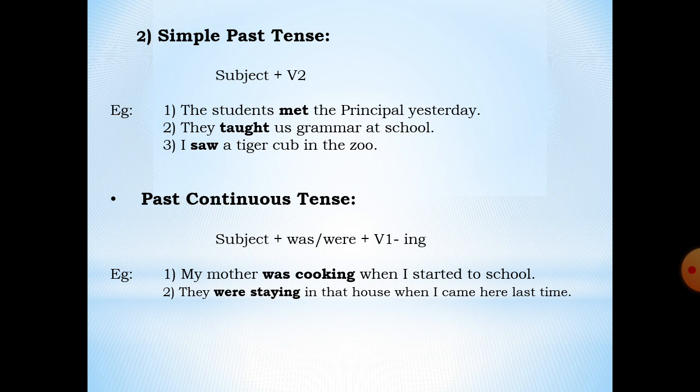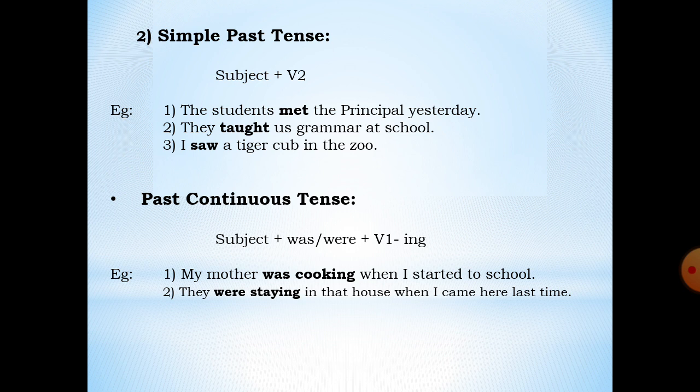Now examples are there. First sentence, the students met the principal yesterday. The students is a subject and met is the past tense of meet. Okay, so it's there in past tense, that's why this sentence is said to be in simple past tense.